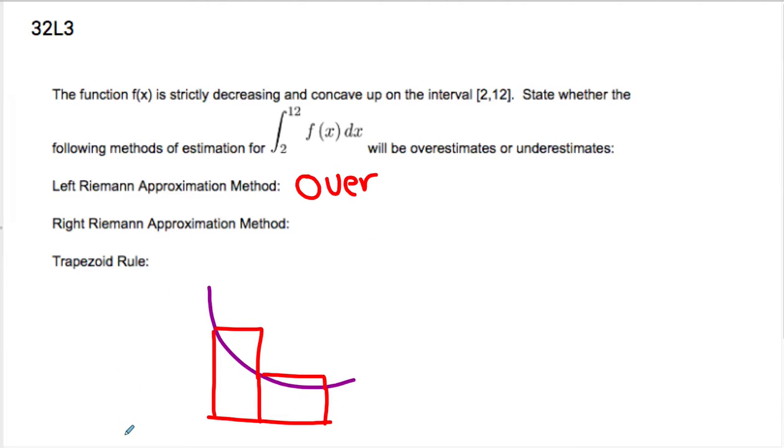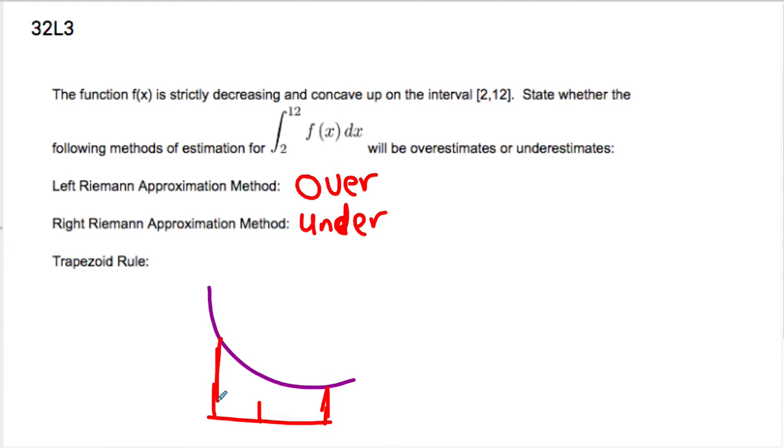All right. Now we'll do right rectangles. We'll draw the rectangles, and the heights will be from the right side. Now we are under the actual area, so it is an underestimate. And then finally, we'll do trapezoids.